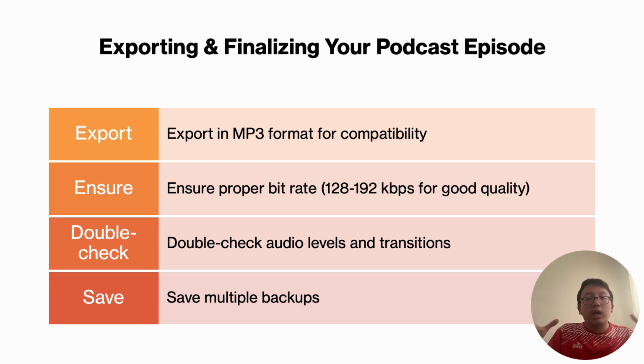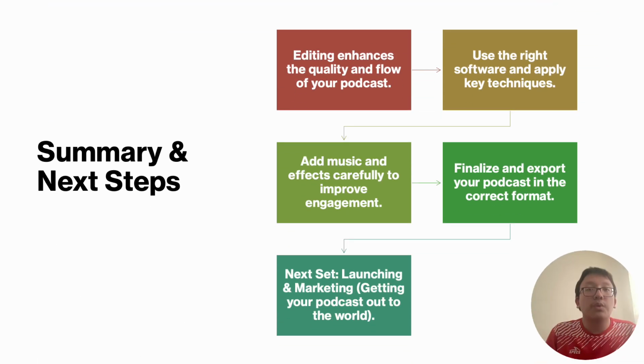A good range would be 128 to 192 kbps for good quality. Third is double check audio levels and audio settings, so that when you are posting your podcast, it's the final version. Last step, save.